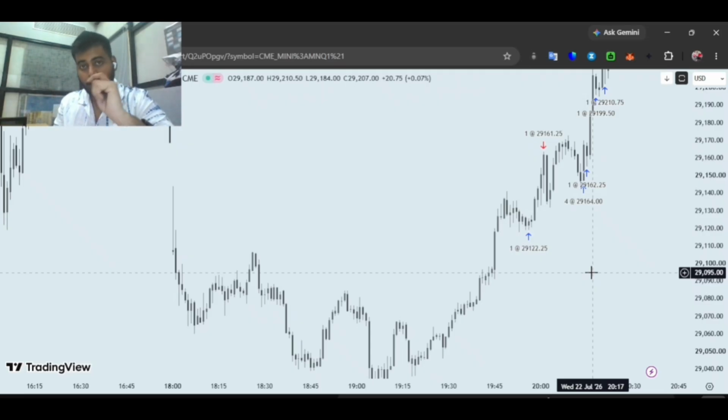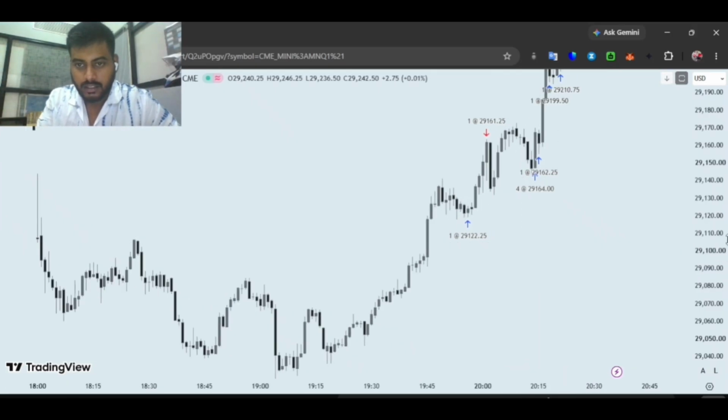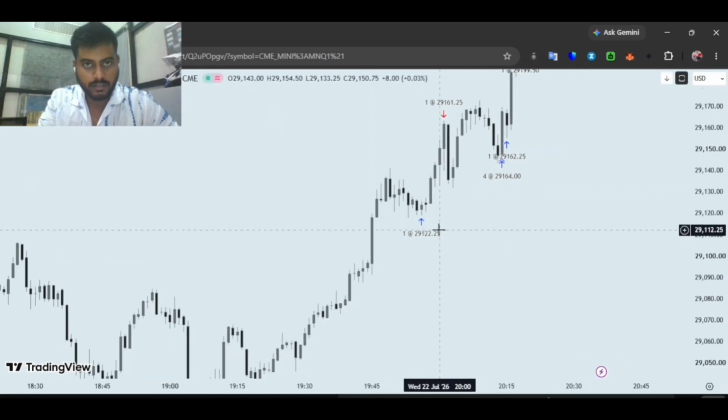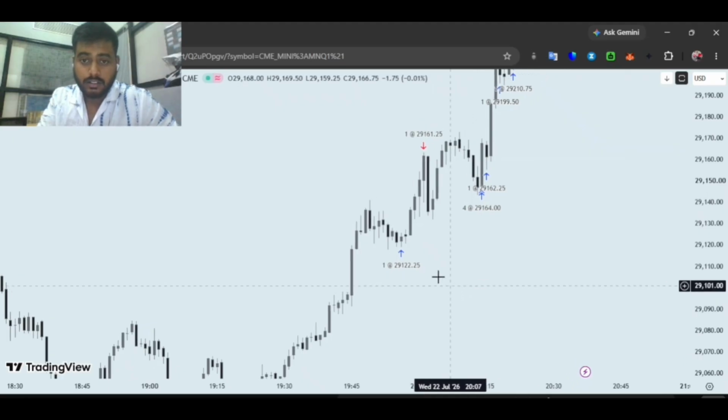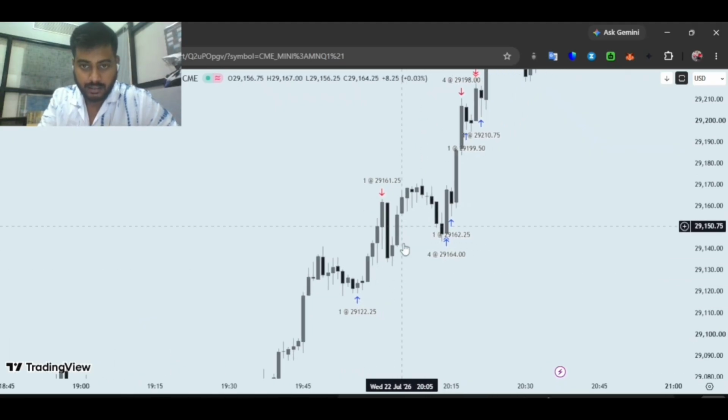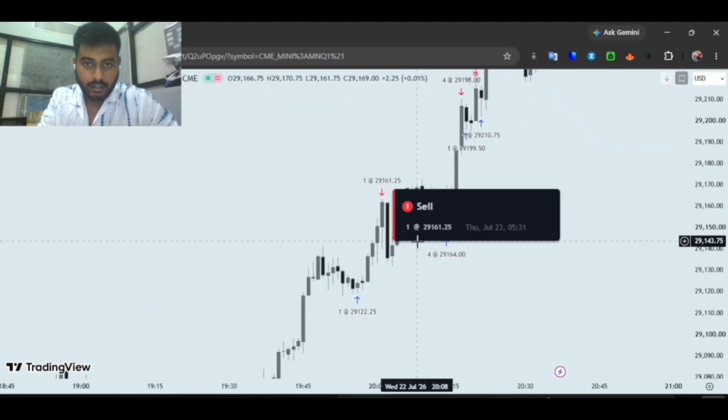Either it will go there or to trend continuation. Just to confirm that, I was waiting. That's why I took a long with just one micro, which is 1/10 of a mini contract, less risk. I took a long here and closed it here.